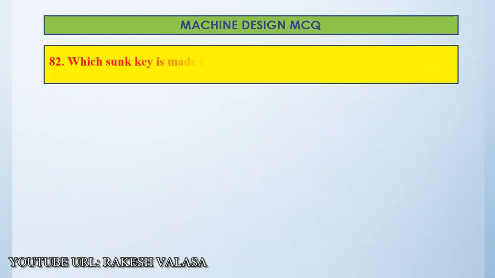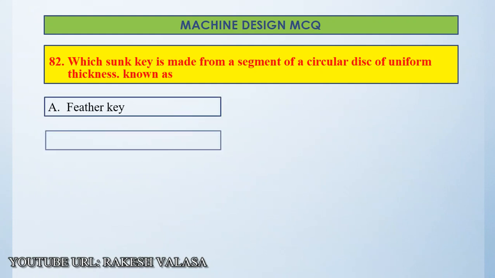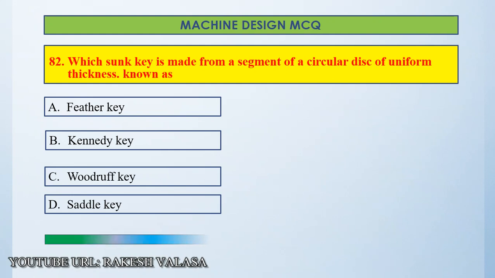Question number 82. Which sunk key is made from a segment of a circular disc of uniform thickness known as option A feather key, option B Kennedy key, option C Woodruff key, option D saddle key. The correct answer is option C, Woodruff key.